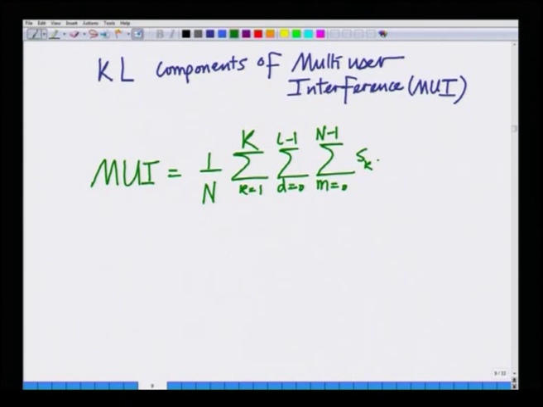Remember, now you have the symbol of the kth user Sk, h 0 of d, c 0 of m, ck of m minus d.